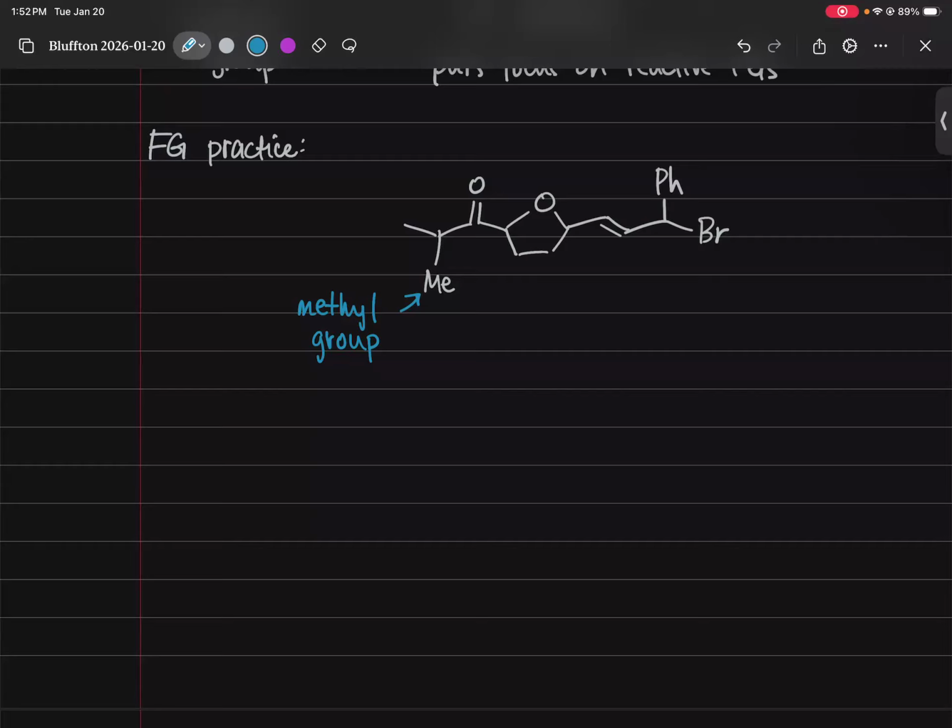Any volunteers? Okay, so Br, what kind of element is bromine? It's a halogen. So we have some part of the molecule attached to a halogen. So that is an alkyl halide or a haloalkane.